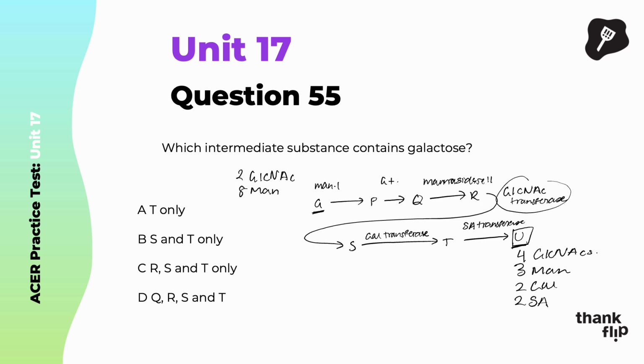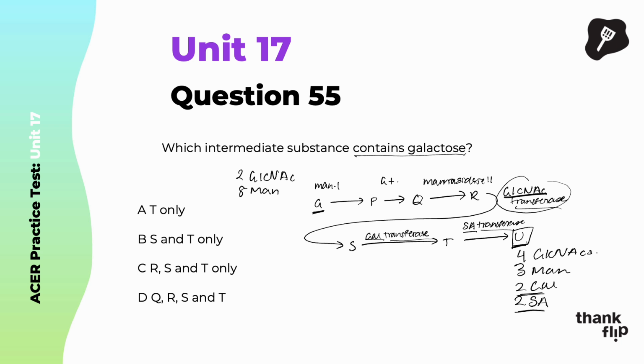And so you can see that for the things that have been added at the end, there are transferases that share the same names as these final products. And so you can make the inference that these transferases are what are adding on these molecules to our glycoprotein.